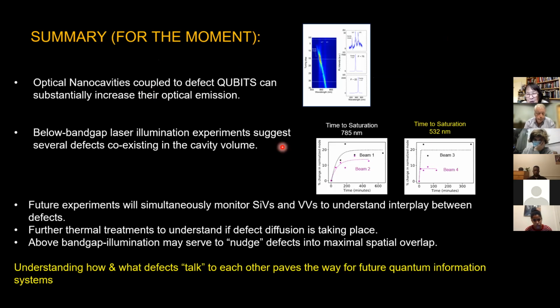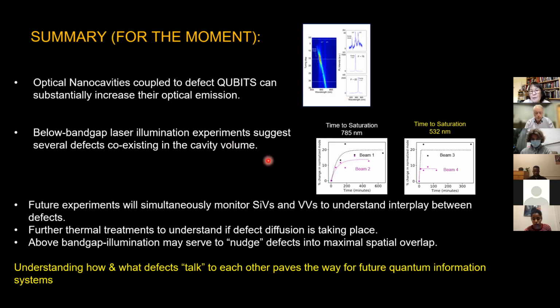I've taken enough of your time, and I've probably dumped a whole bunch of information on you all of a sudden. I just want to take this time to conclude. This is, I hope, an introduction to silicon vacancies and the power of optical nanocavities.